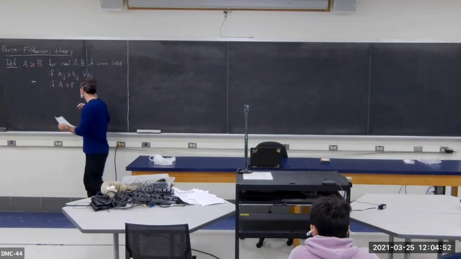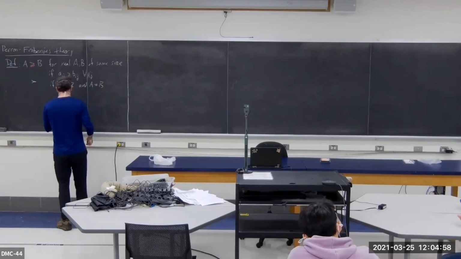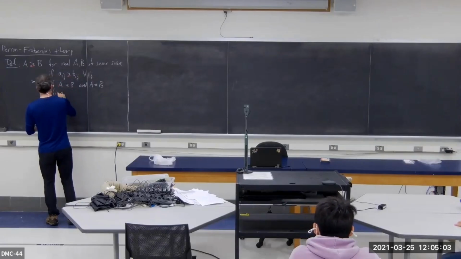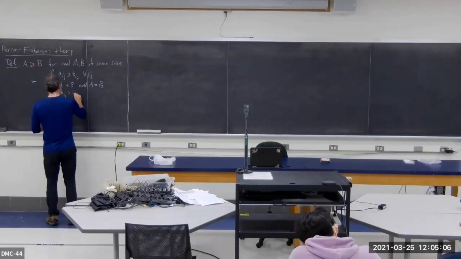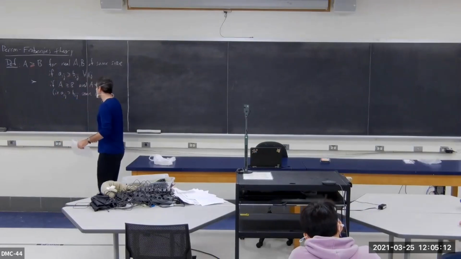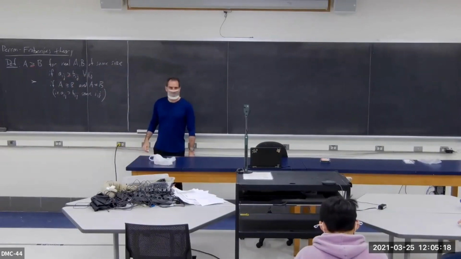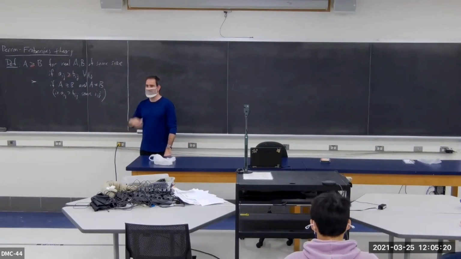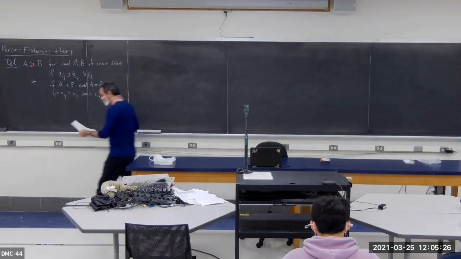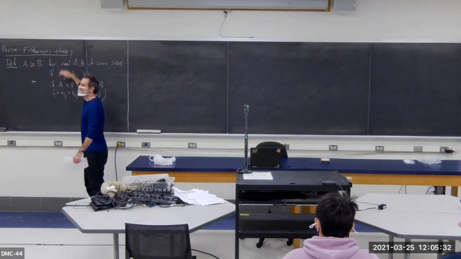That means Aij is greater than Bij for some ij, not all ij. I mean, it could be all ij, but you only require at least one. So just be careful that greater than is not the same thing as greater than or equal to and not equal to. We're never going to use this symbol, but I wanted to show you this just to emphasize that point.